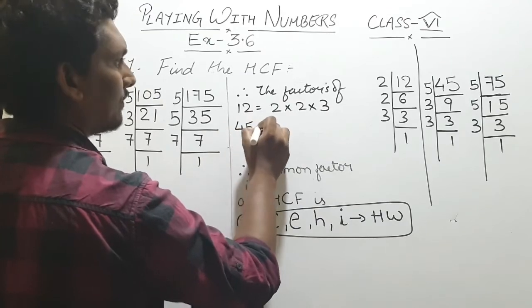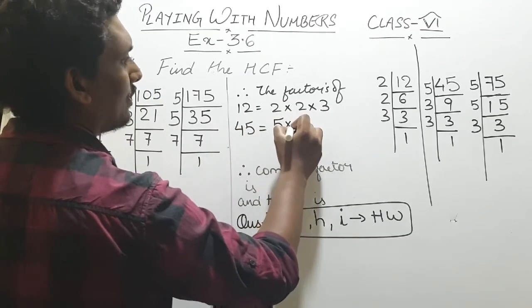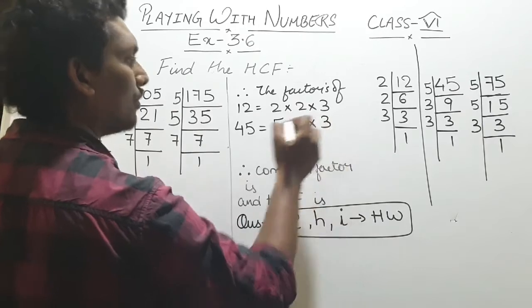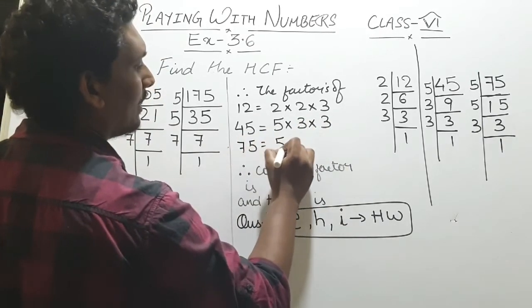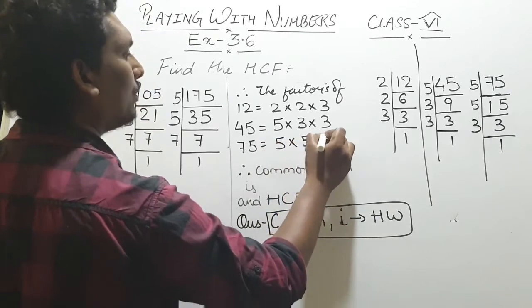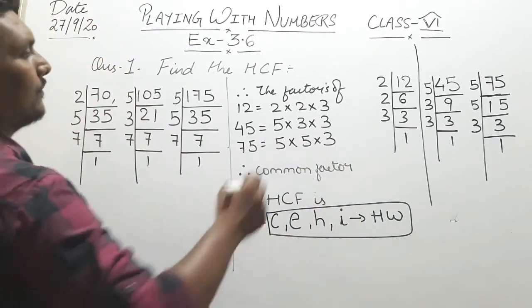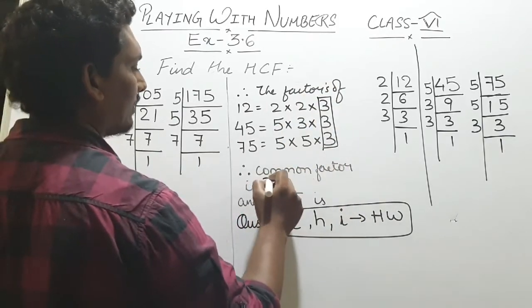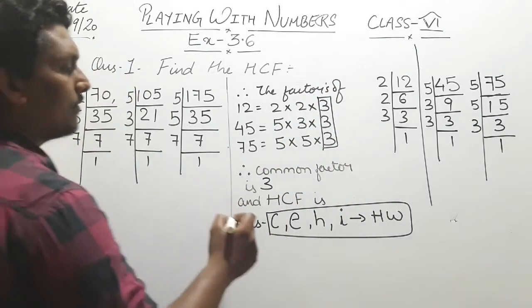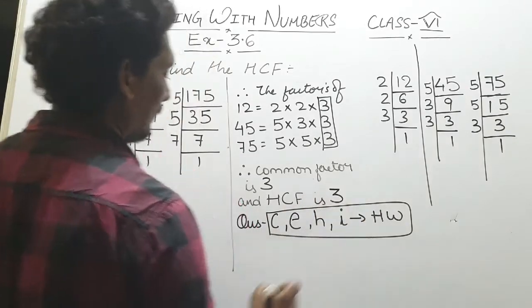For 45 it is 5 into 3 into 3, and for 75 5 into 5 into 3. Okay, only one number is common here, so therefore the common factor is 3. Therefore the highest common factor is also 3.